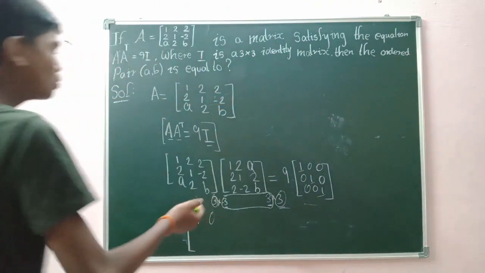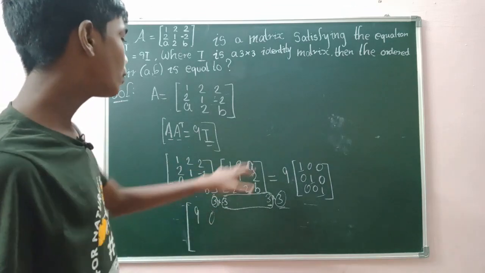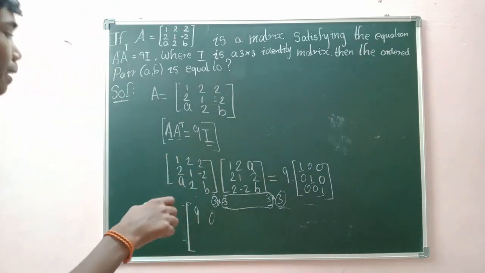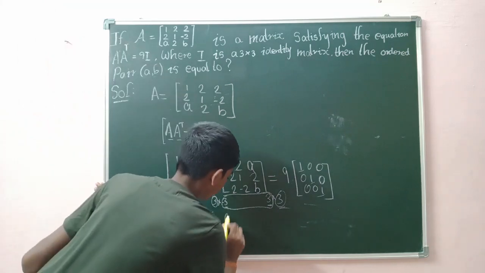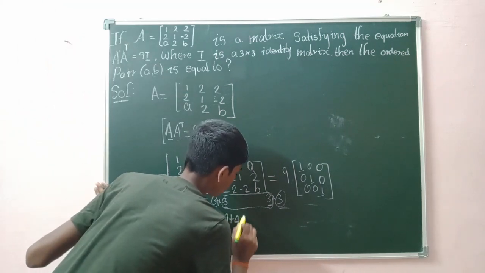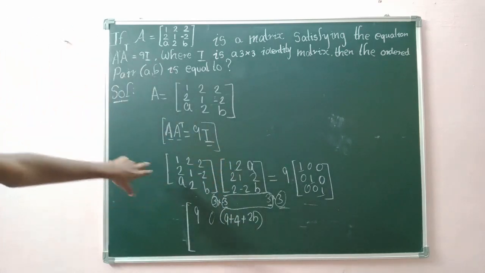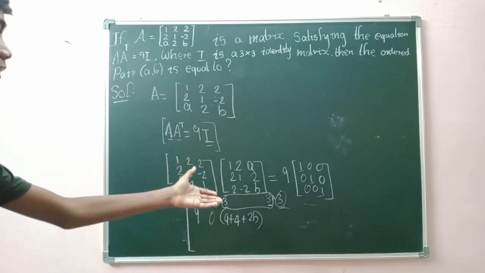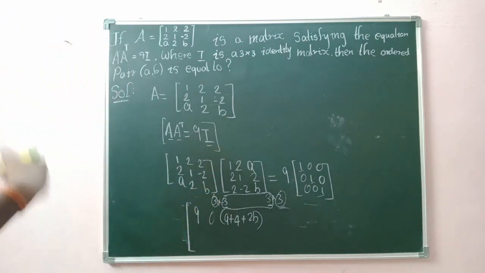Okay, so now you will get 0 here, then 1, 2, 2 with this particular element, that will be 1a, so a plus 4 plus 2b, correct or not? Then we can go on to your second row. That is 2, 1, minus 2 with your first column, that will be 2 plus 2 minus 2, that will be 0.